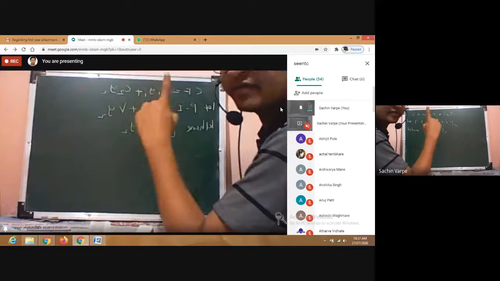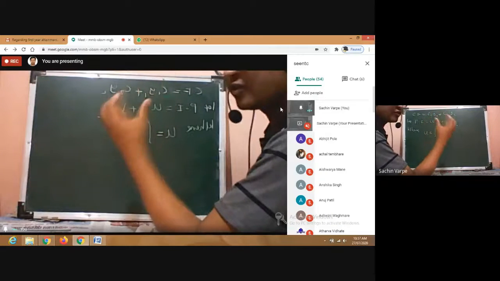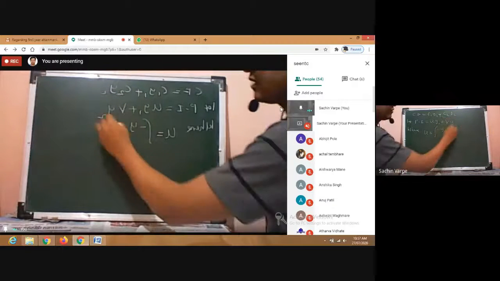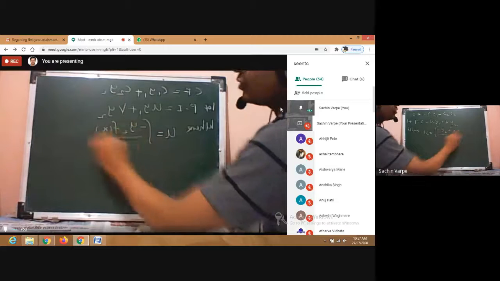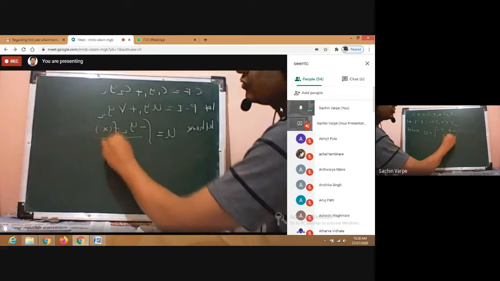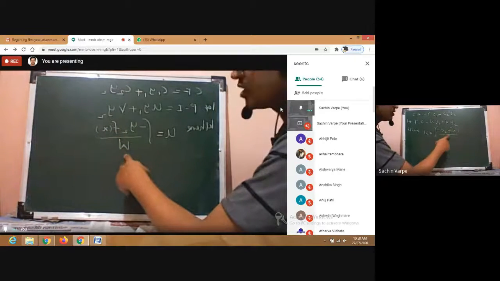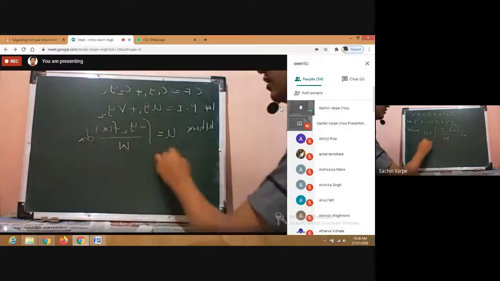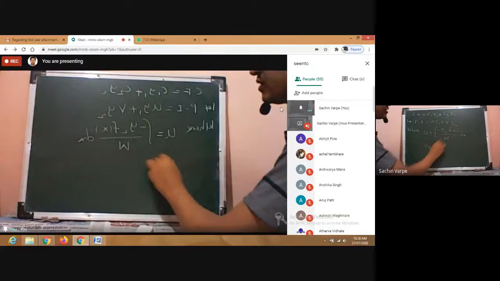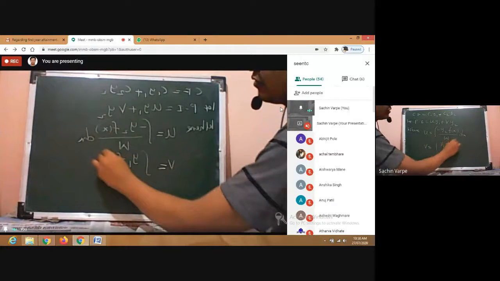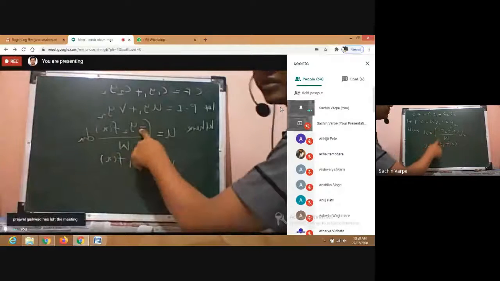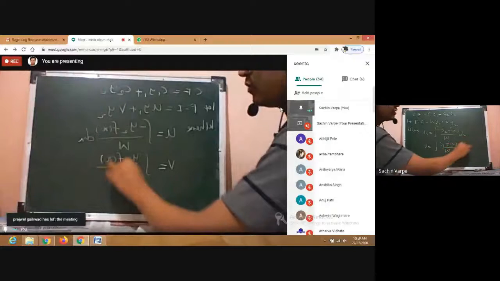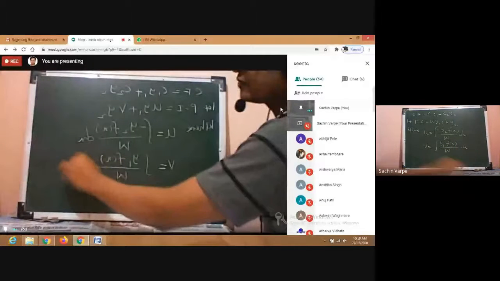What was the right hand side function? f of x, because our linear differential equation is phi of D into y equals f of x. So u is the integration of minus y2 f of x upon W dx, where W is the notation of the Wronskian. The formula for v is the integration of y1 into f of x upon W dx. It is plus here and minus here, remember.